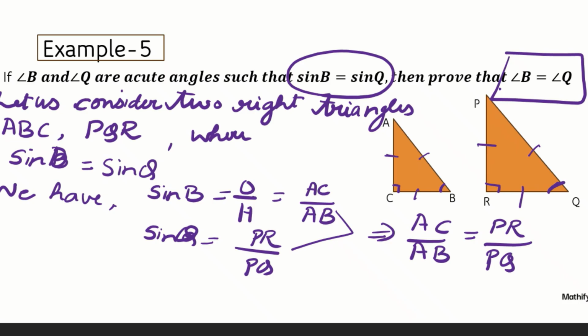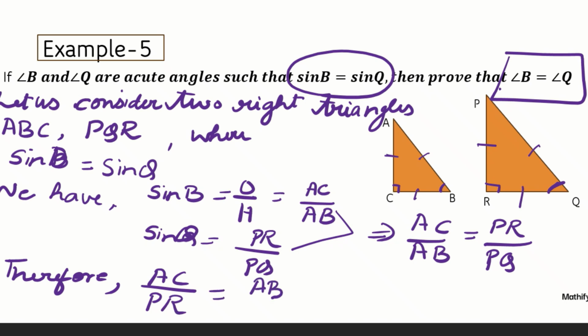Therefore, we can write AC over PR. So AC over PR is equals to AB over PQ. Let this be equals to K, let's suppose.